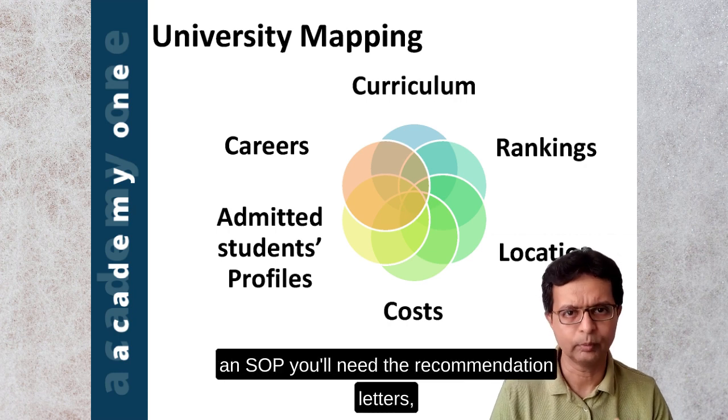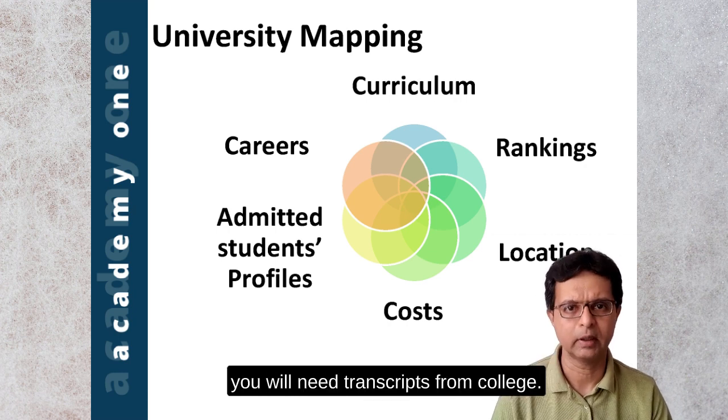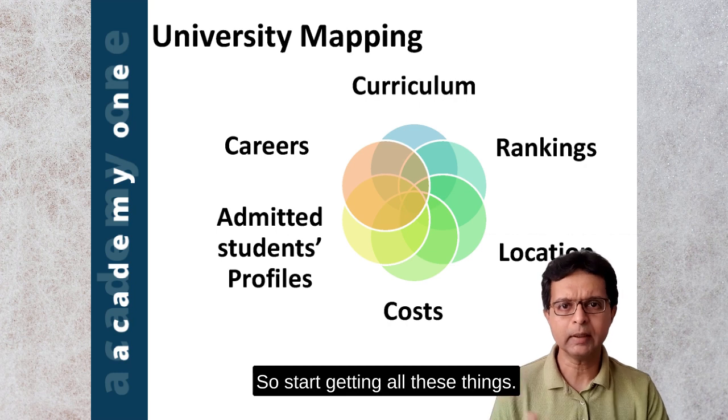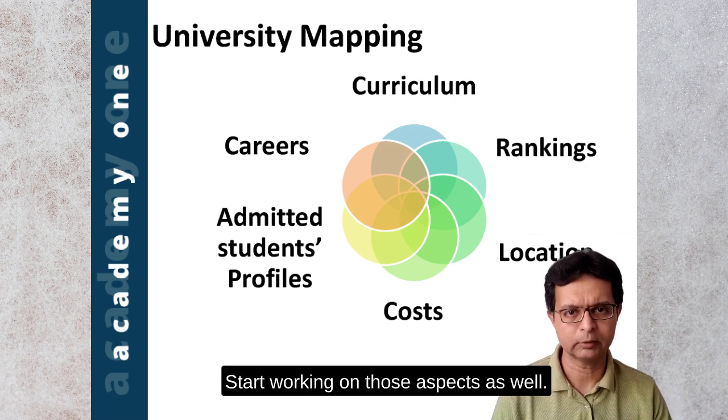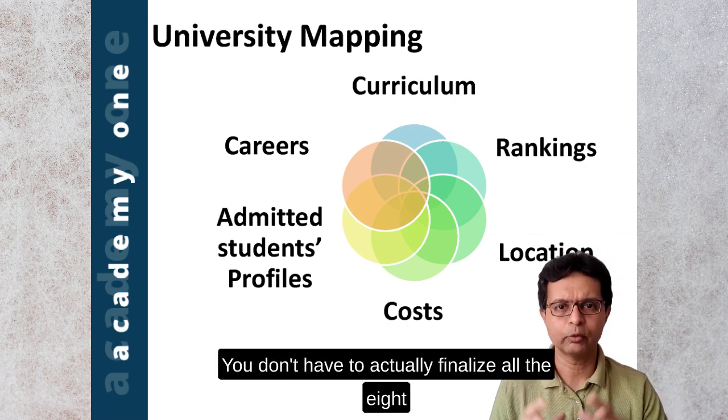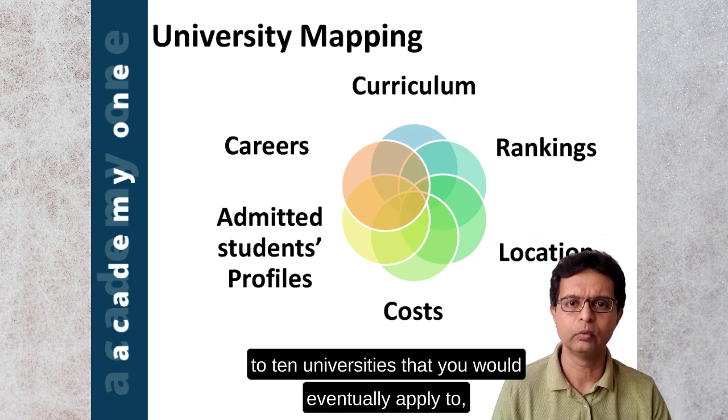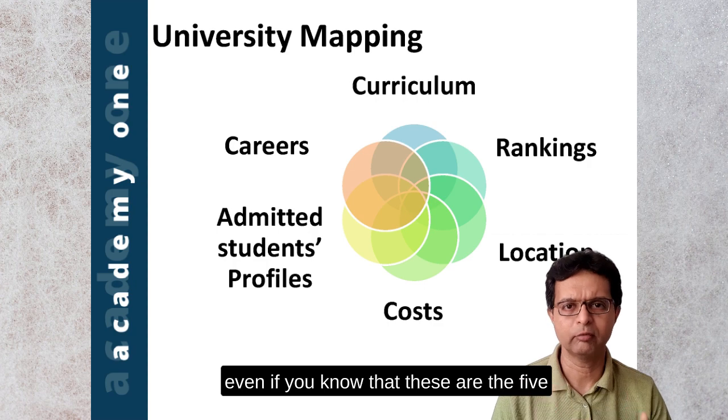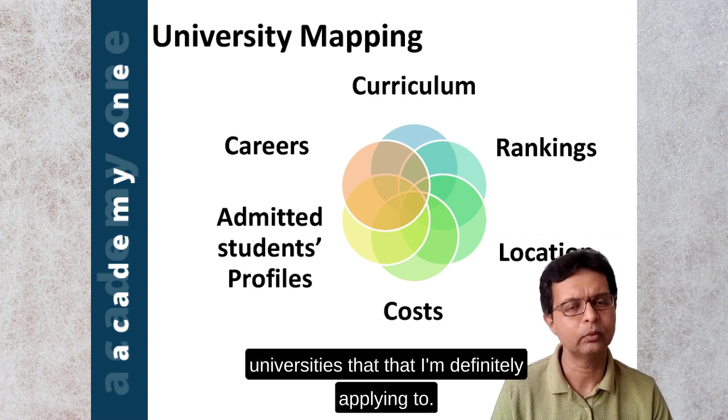You will need an SOP, you will need recommendation letters, you will need transcripts from college. So start getting all these things, start working on those aspects as well. You don't have to finalize all the 8 to 10 universities that you would eventually apply to. Even if you know that these are the 5 universities that I will definitely be applying to, start working on their applications.